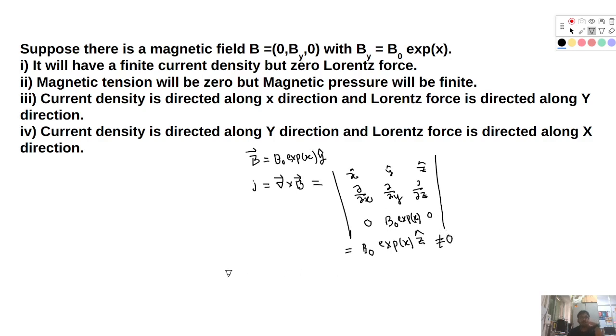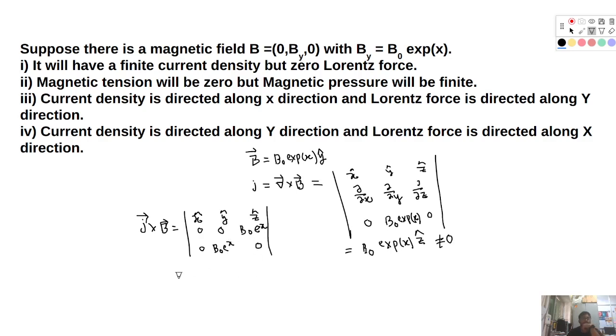Fine. Now if we look to find J cross B, what is that? That equals x, y and z, right? So if we write the J value here, it will have 0, 0, and then B naught exponential x, and B is given by 0, B naught exponential x, and 0.